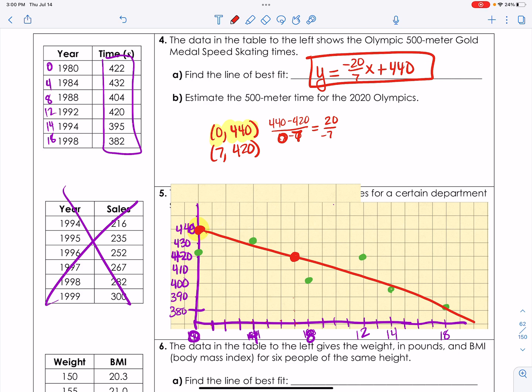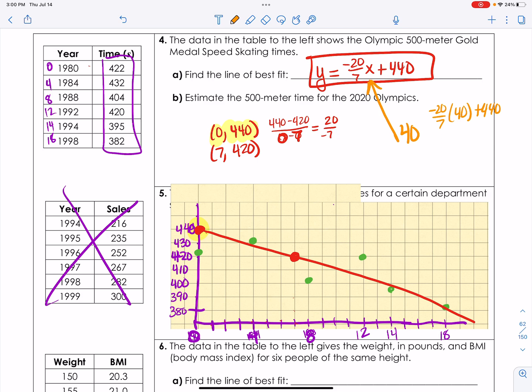Okay, estimate the time for the 2020 Olympics, which would be 40 years. So I'm going to put 40 into that equation. So -2.7 times 40 plus 440.